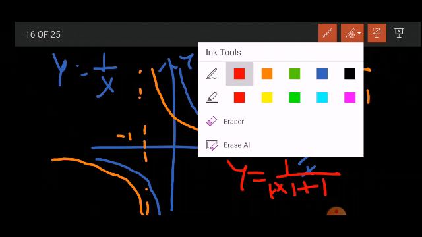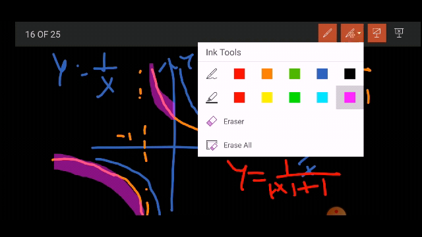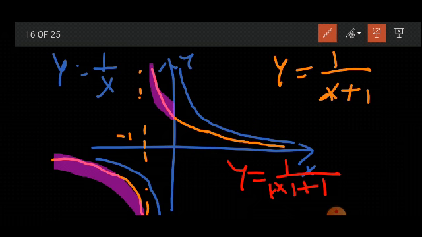This portion and this portion of the graph of y equal to 1 upon x plus 1, we have to remove. That means we have to erase this, and consider only this red portion. The red highlighted portion will be considered as the graph.